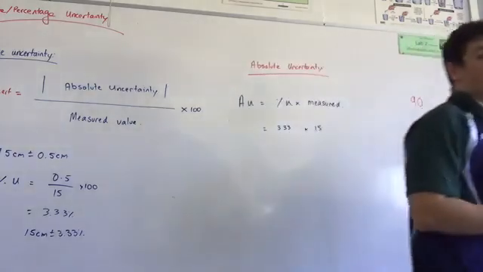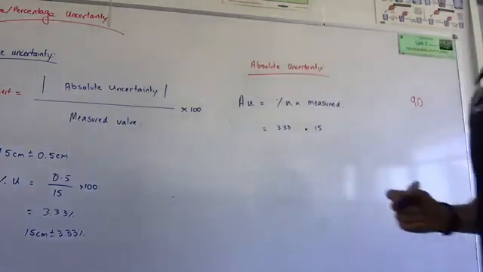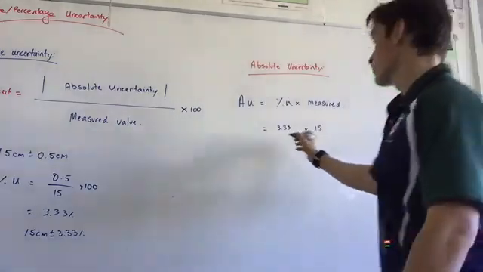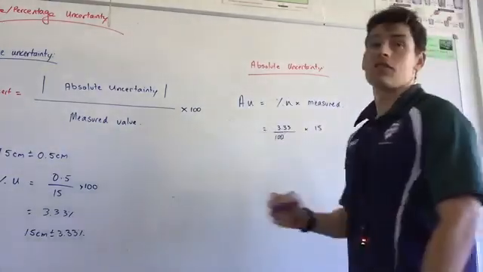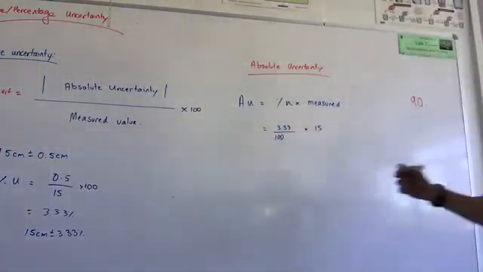Is that correct? What needs to be fixed up? We haven't acknowledged the fact that this is 3.33 out of 100. You got to divide that by 100 and then you multiply that by 15. And we shove that back in.